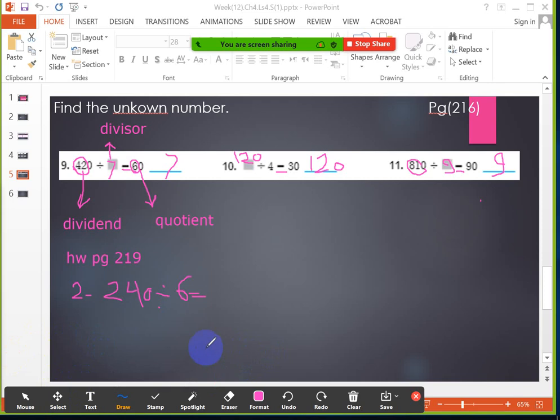Yes, teacher. Yes, dear. Now to find the answer for this division, I have to divide what? 24 by 6. Very good. What's the answer for this division? What's the number that I will multiply with 6? The answer will be 24 from the multiplication table.